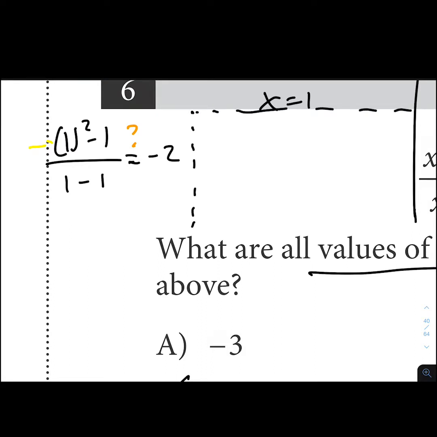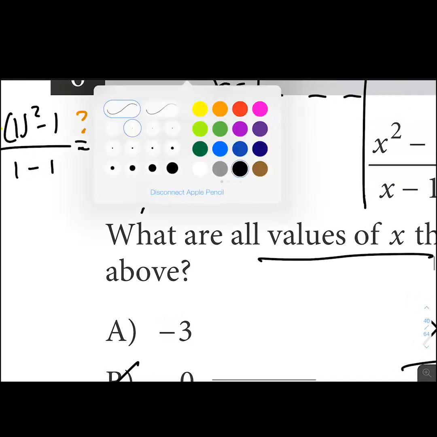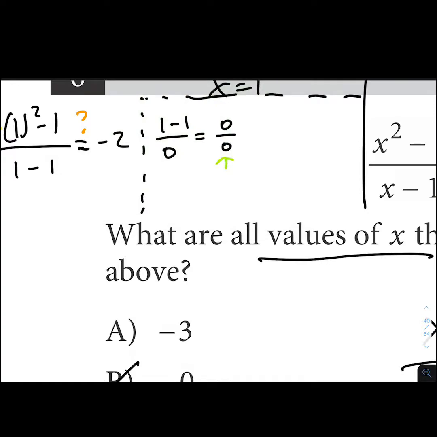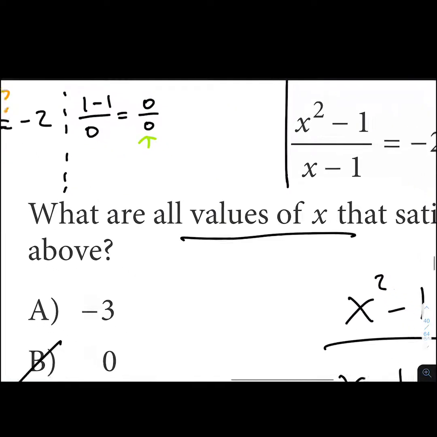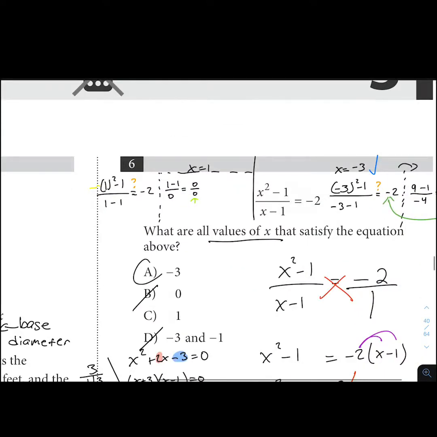Cool. 1 squared is just 1, but 1 minus 1 is just 0. At the top, we have 1 minus 1, which is 0 over 0. And unfortunately here, we're dividing by 0, and that is not possible. So actually, in this case, only -3 works.